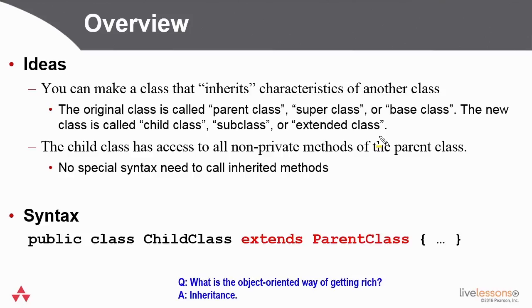So, for example, if I make a child class, I say extends to designate the parent class. Inside the body of this child class, I can now call any of the public methods of the parent class, and I call them the same way I would call a locally defined method.